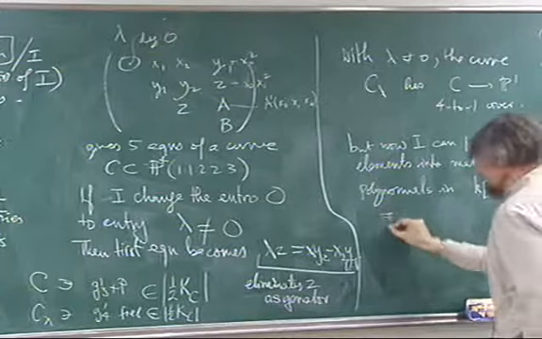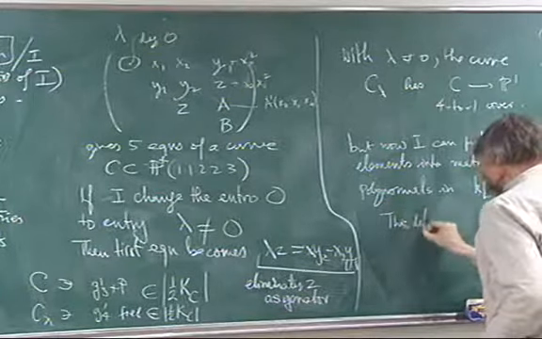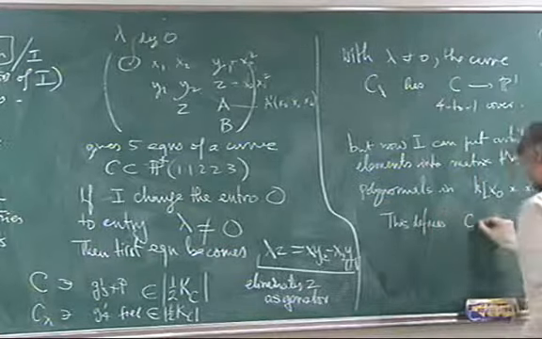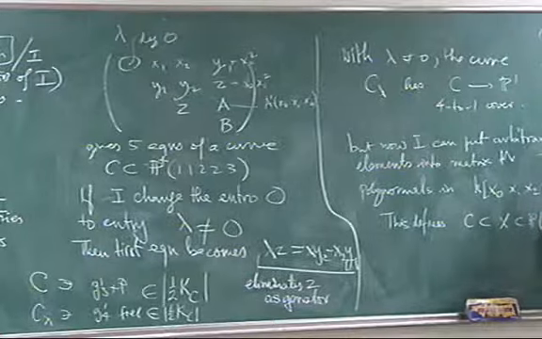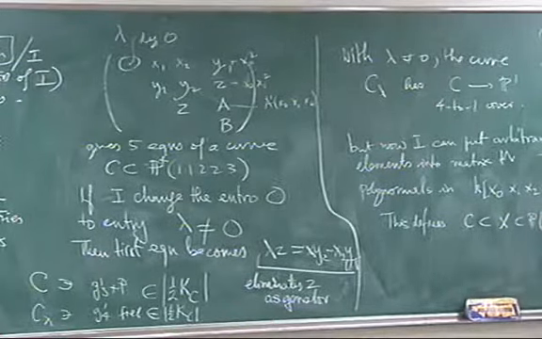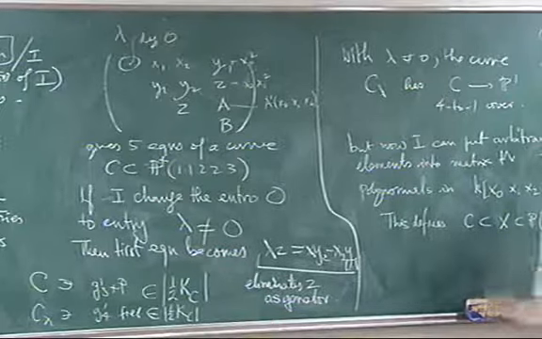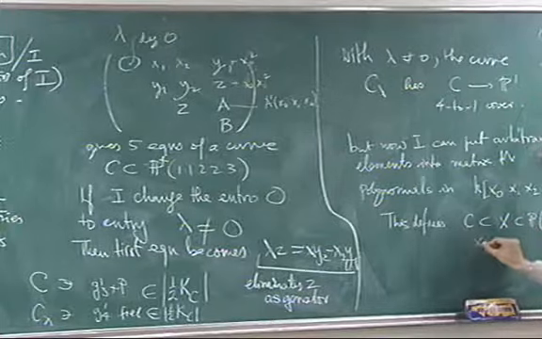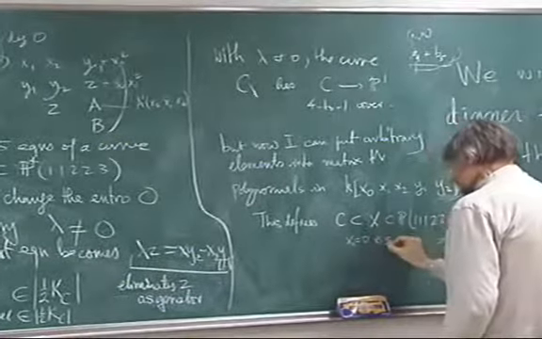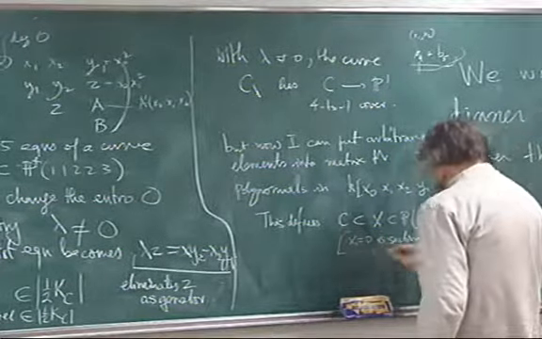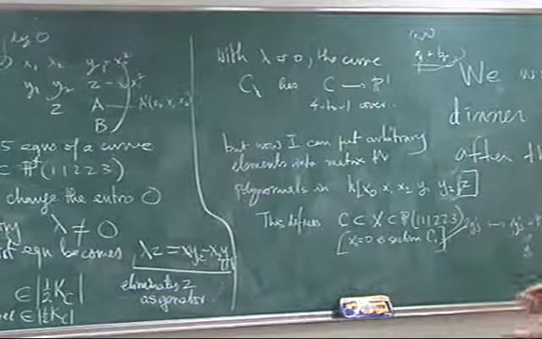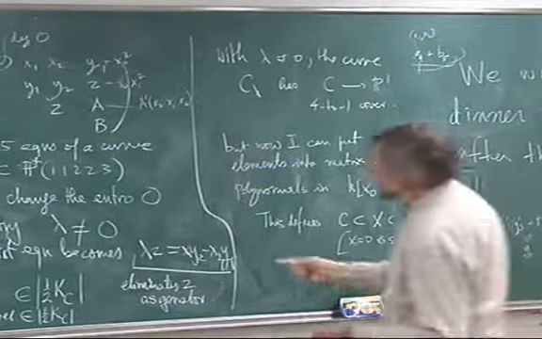So this defines C in x naught in P of now 1, 1, 1, 2, 2, 3. Right, and this has the property that, this is the canonical model, so it's okay to use the letter, so that x naught equals 0 is the section C. Right, and you know, basically we don't have to do any work here.